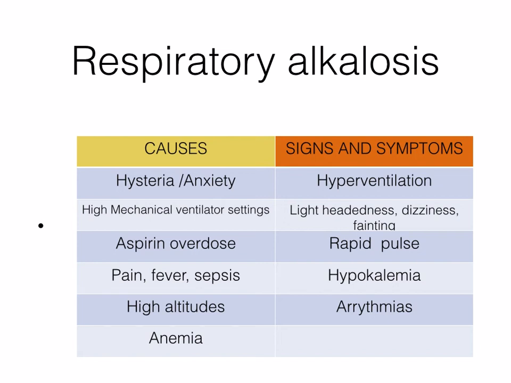Lightheadedness: hypocapnia causes vasoconstriction of brain vessels, and therefore the blood flow to the brain is decreased. So if there is less carbon dioxide, it causes vasoconstriction of brain vessels, and then there is a decrease in blood flow to the brain.